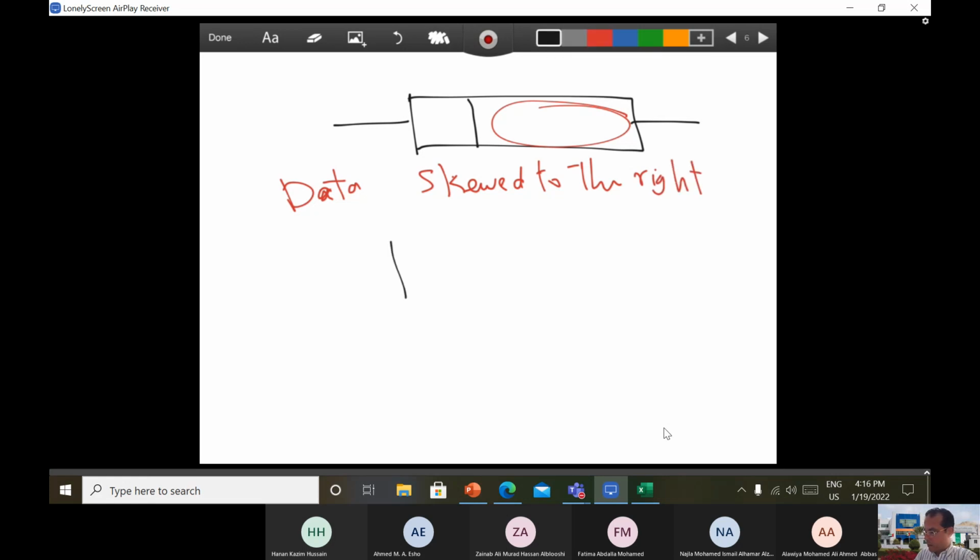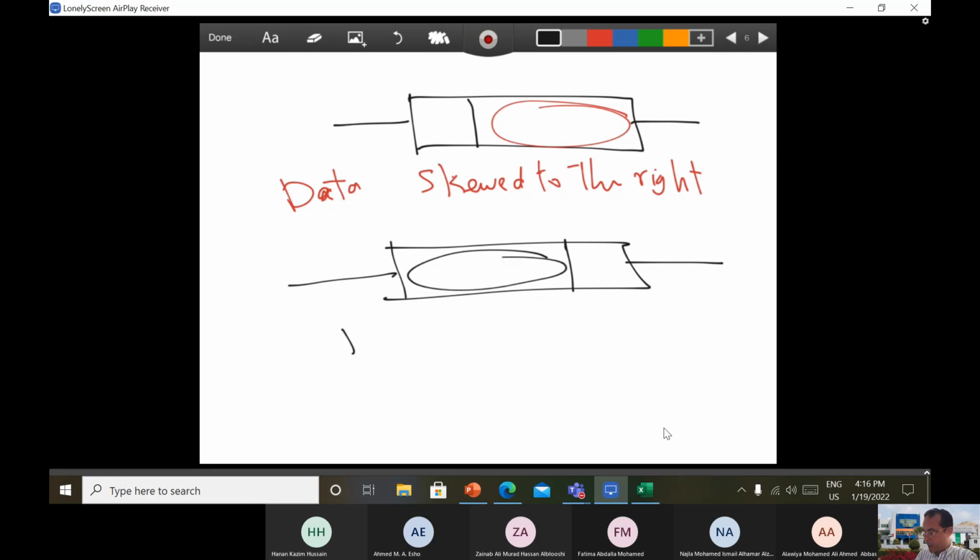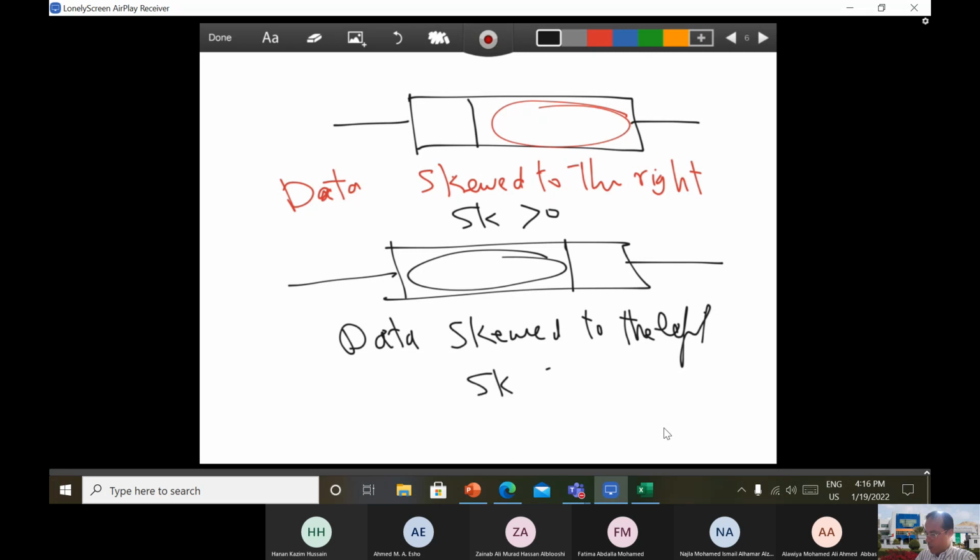If you have the line in the middle of the box with the big part to the left, the data is skewed to the left. You have a skewness coefficient: in one case it will be positive, in the other negative, right?